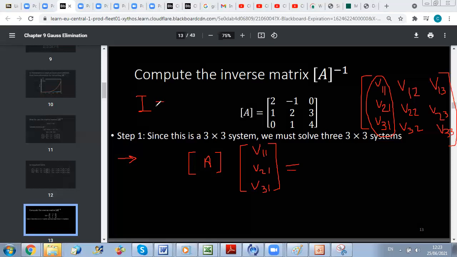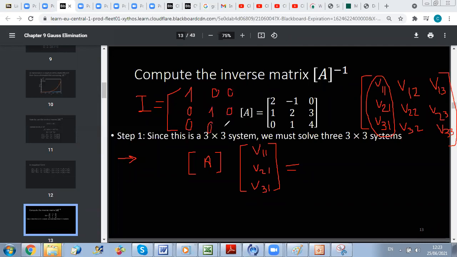The identity matrix is 1, 0, 0, 0, 1, 0, and 0, 0, 1. So when you do A times the first column of A minus 1, you will get 1, 0, 0. Now, in order to solve for this first vector, we will use the LU factorization process.